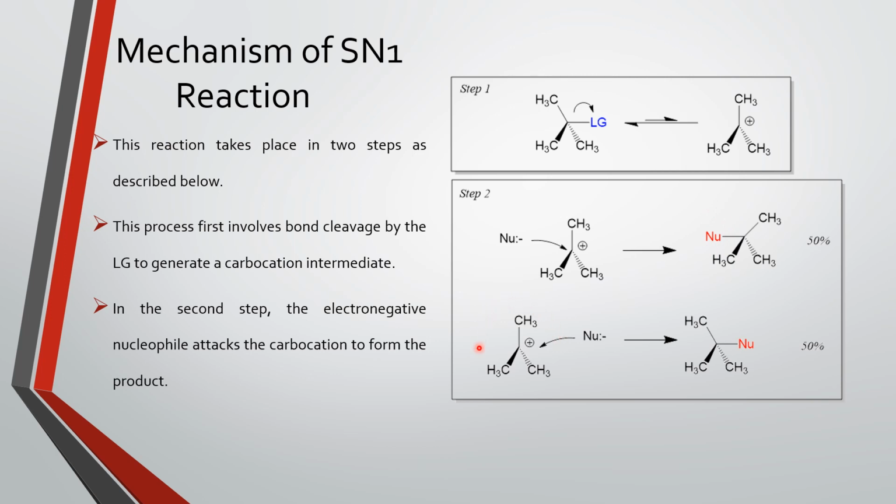Here is the same phenomenon where this nucleophile attacks the carbon center, that is the carbocation intermediate. It is from back side. Here it is from front side, here it is from back side, and we'll get this product in which the nucleophile is attached in place of the leaving group.